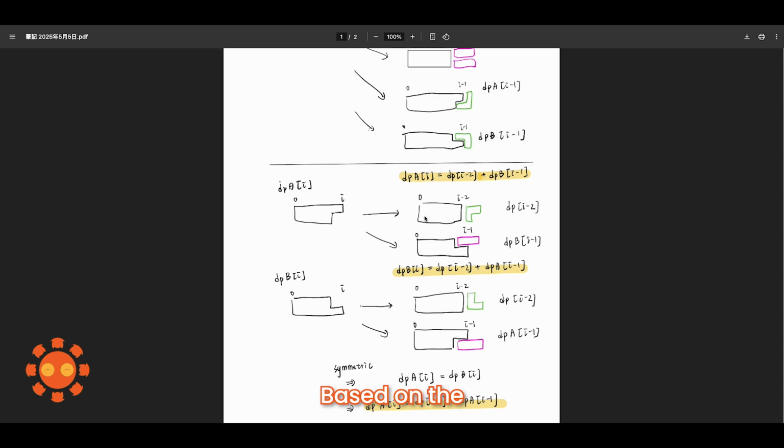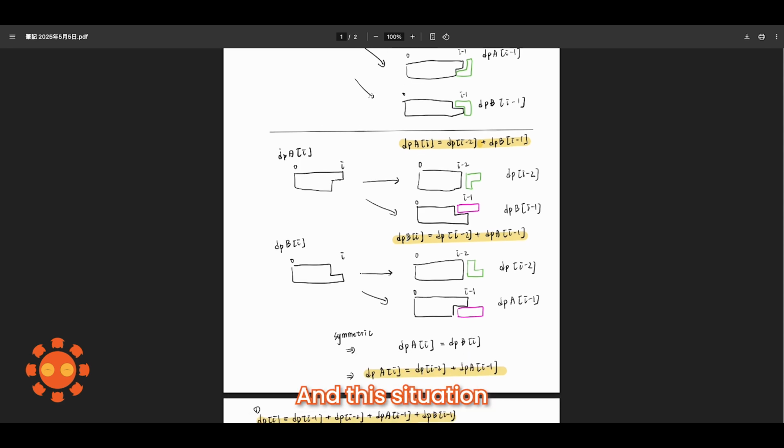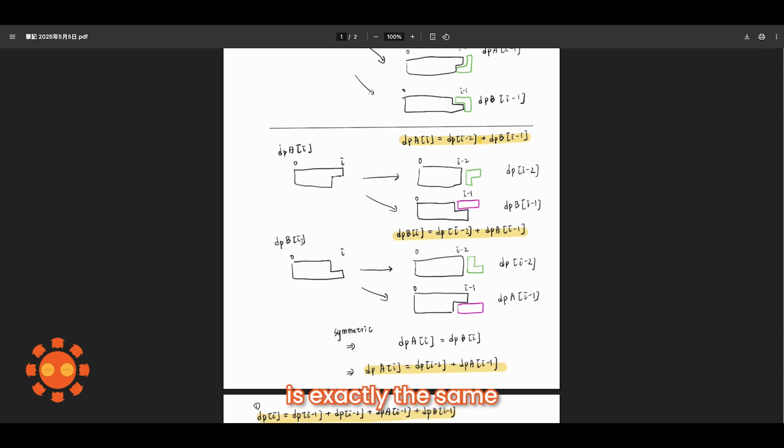Based on this observation, we can have a formula for dpa[i]. If we're trying to tile this board, it equals the way we can tile an i minus 2 board, or the special board with i minus 1. And the situation is exactly the same with the symmetric one.